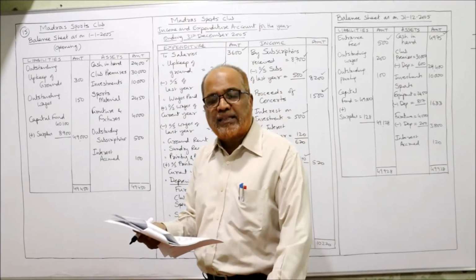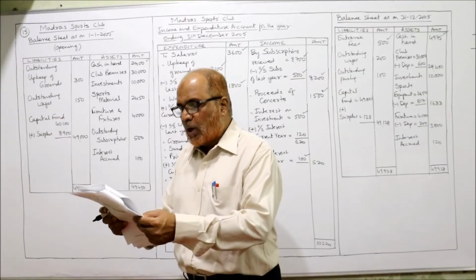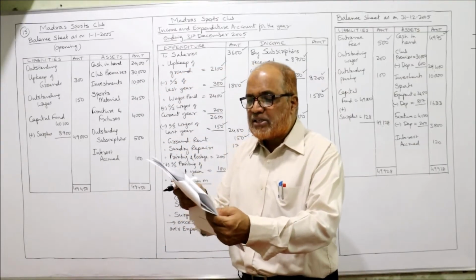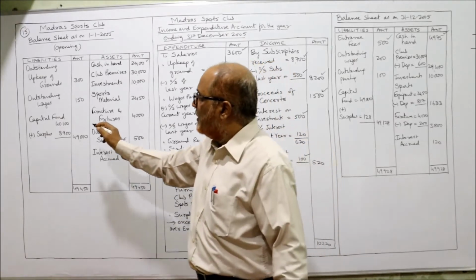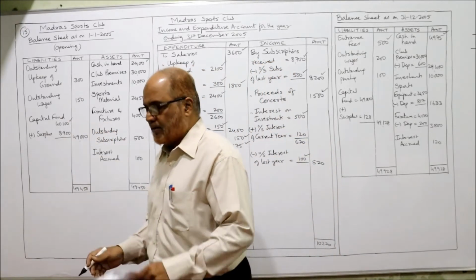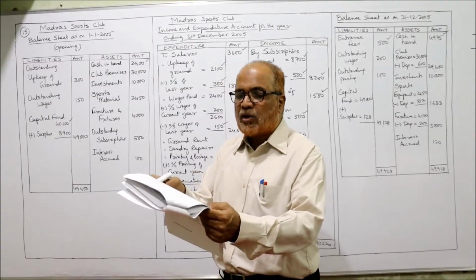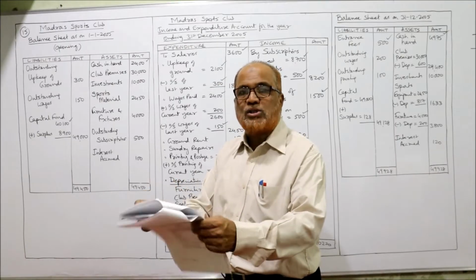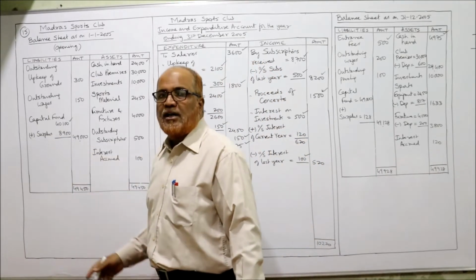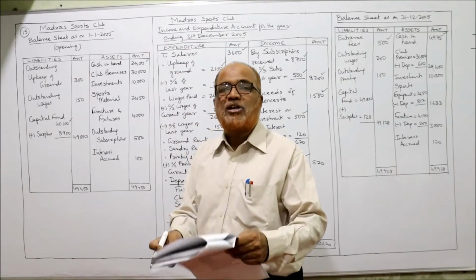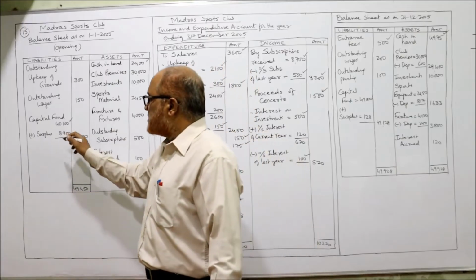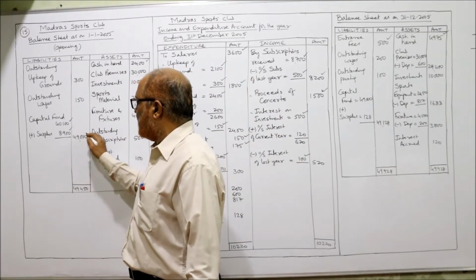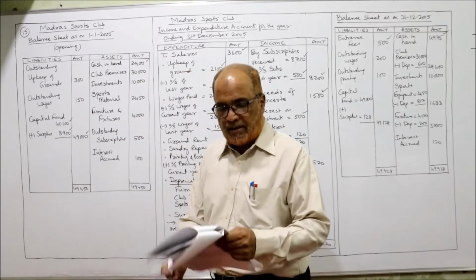Apart from that, what are the other opening balances? The other ledger balances at the commencement of the financial period are capital fund 40,100. Here capital fund 40,100. And income and expenditure account credit balance brought forward 8,900. So that credit balance in income and expenditure account is nothing but surplus. Surplus 8,900. So total 49,000 is the opening capital fund.